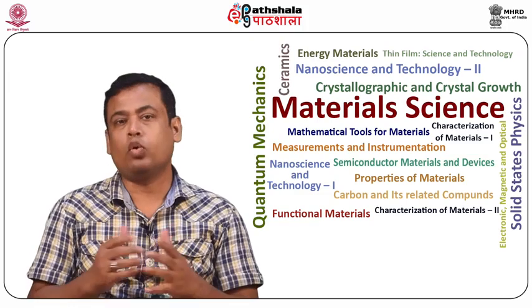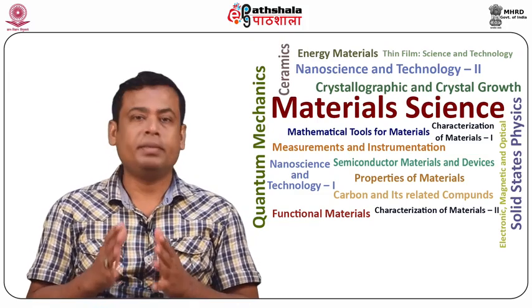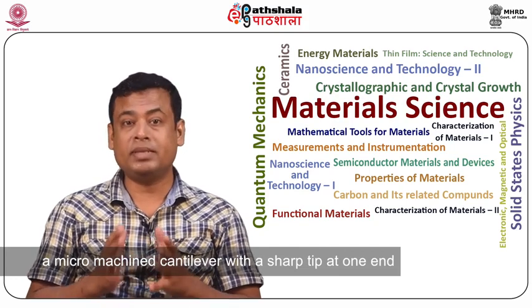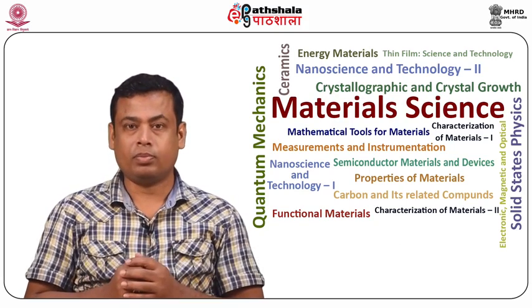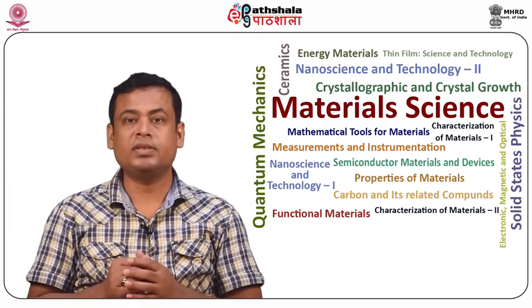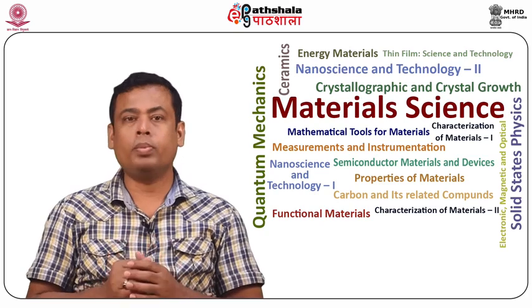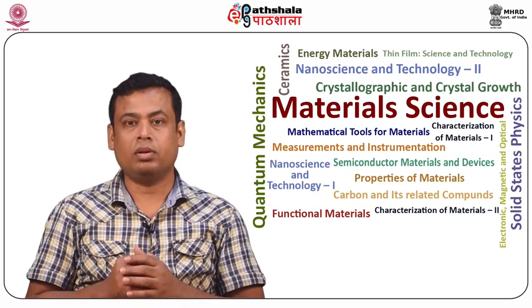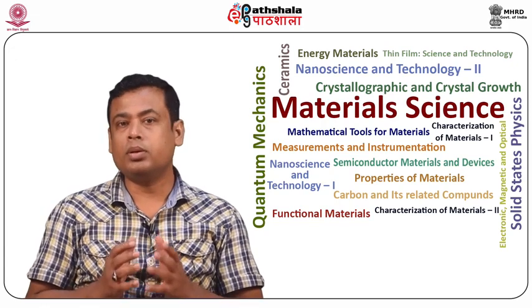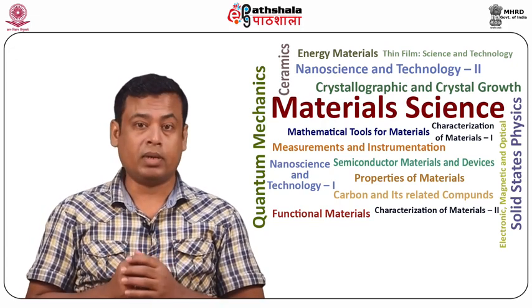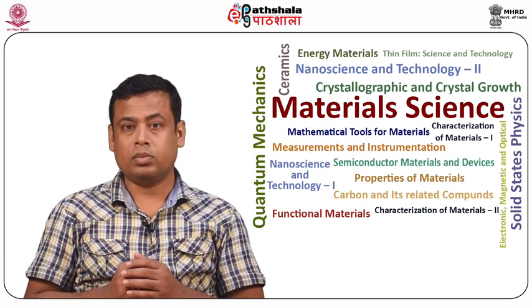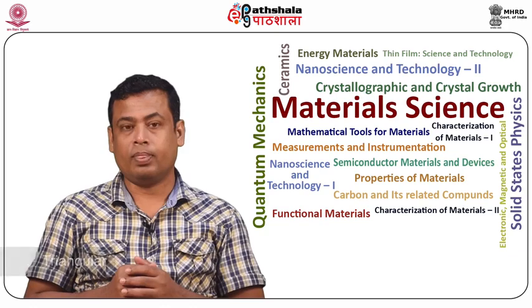The next is the probe. The probe represents a micro machined cantilever with a sharp tip at one end, which is brought into interaction with the sample surface. Each probe has different specifications and shape. The two most common geometries of AFM cantilevers are rectangular and triangular.